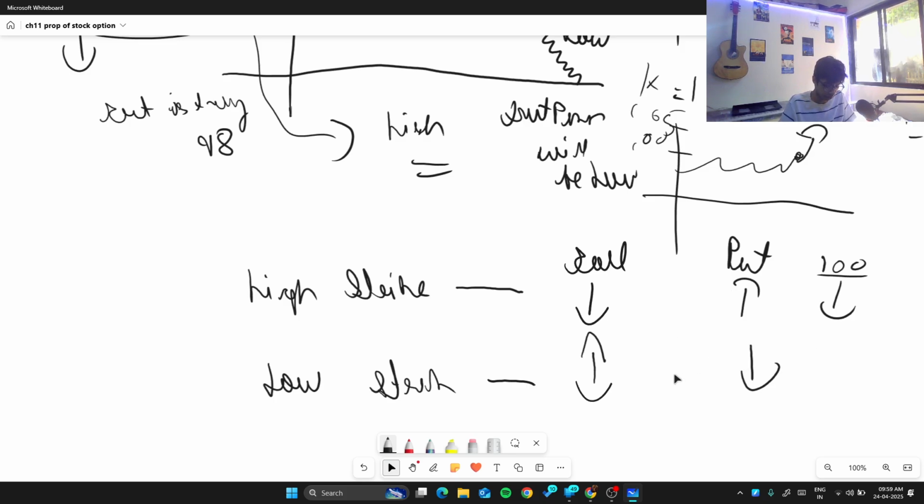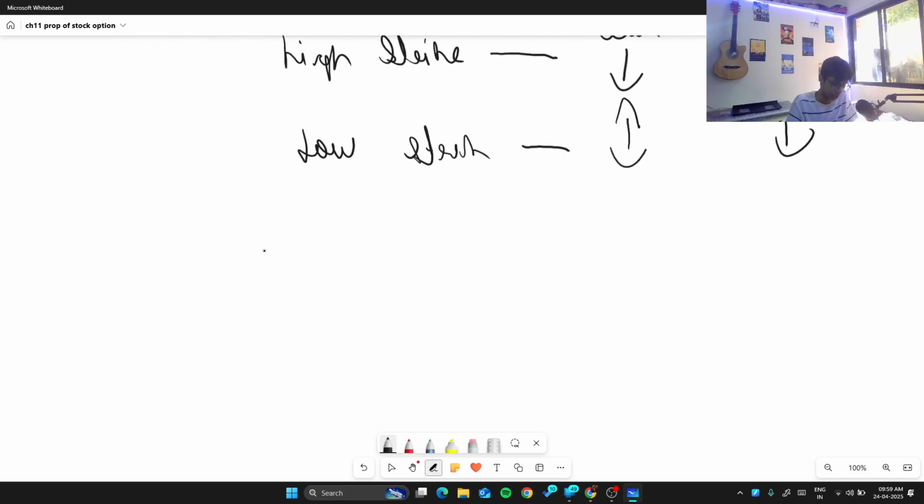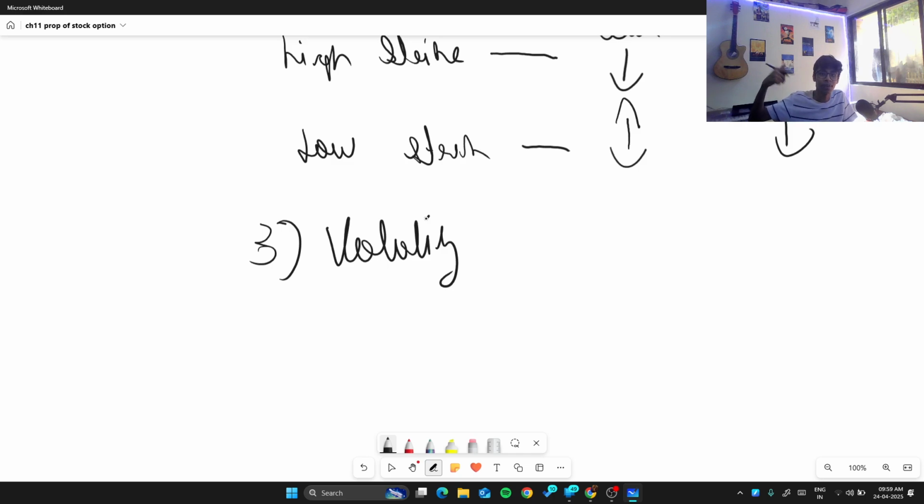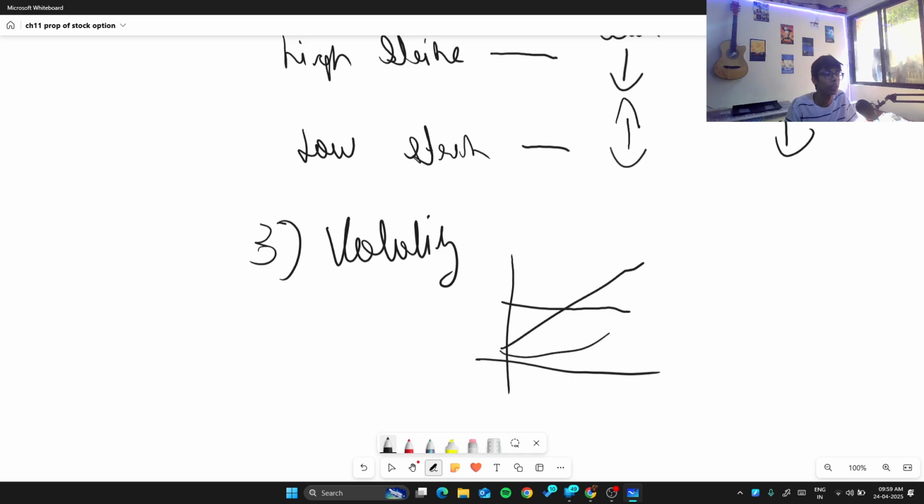That is one factor. Second is volatility of the market. Volatility you can think of as a fluctuation or change with respect to time, or the amount of change in the stock price. Stock price is never linear or exponential.